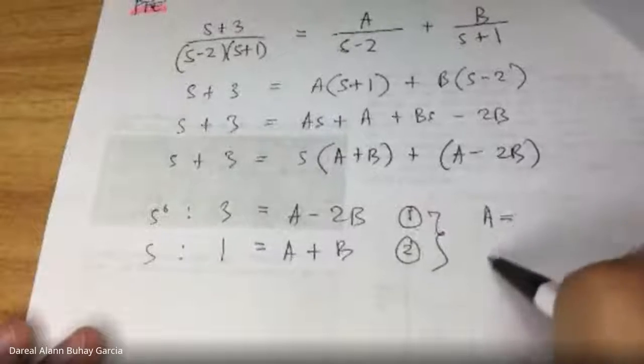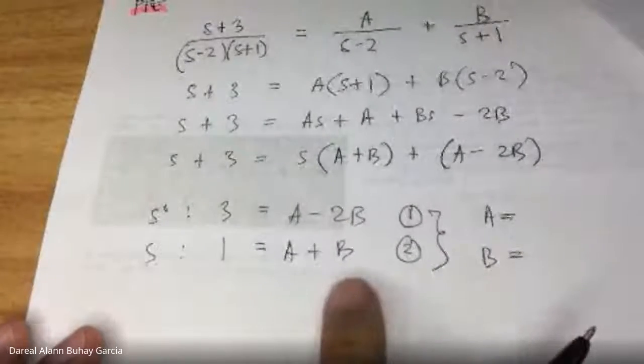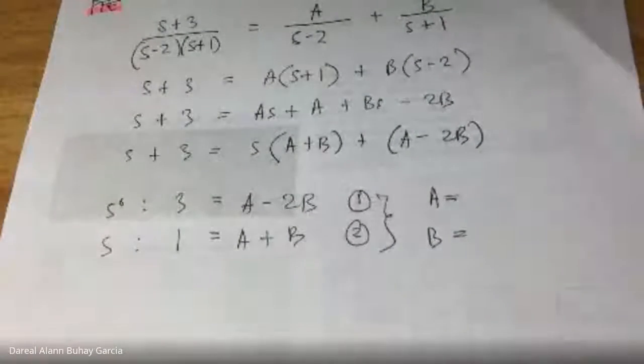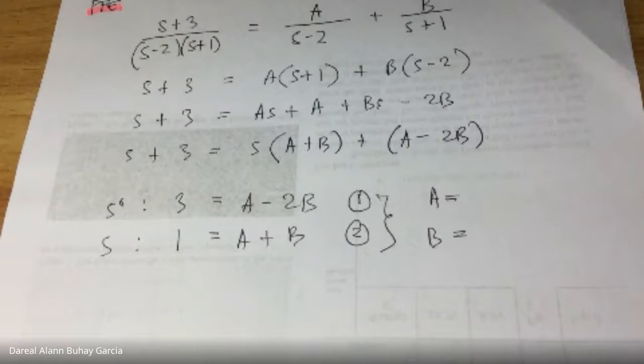Simultaneously solving for both equations, you can use substitution or elimination method. A and B are 5/3 and -2/3.